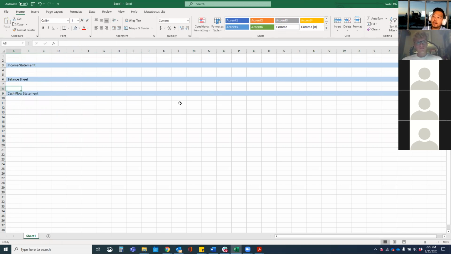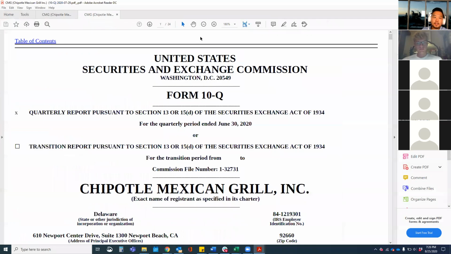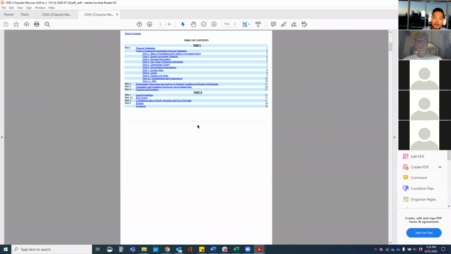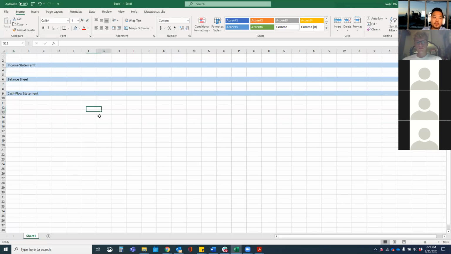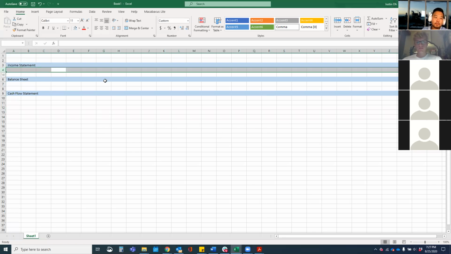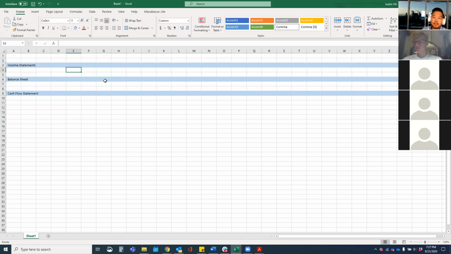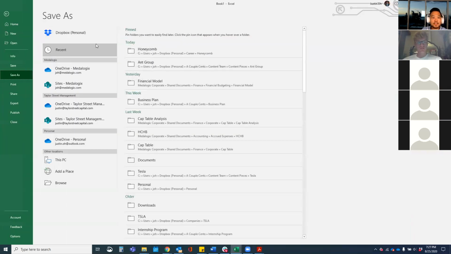A lot of filings have the balance sheet first, but as investors, I almost always see the income statement come first in DCFs just because that's where the cash flow is generated. So that's why we usually do that. And there's a typo already. And obviously save this.